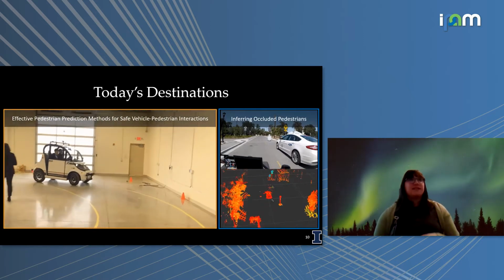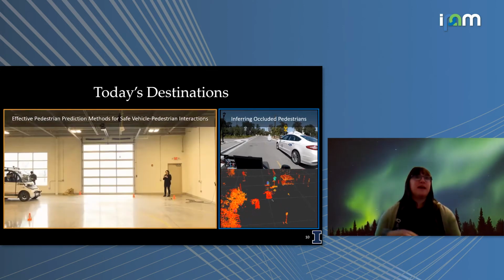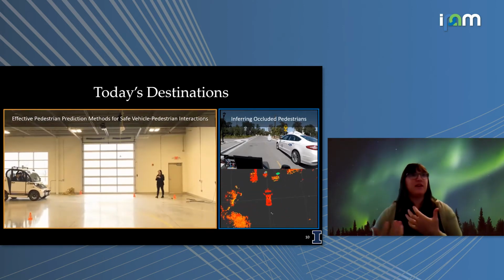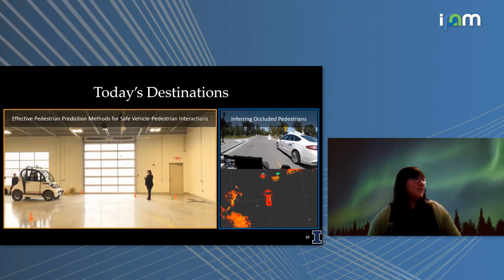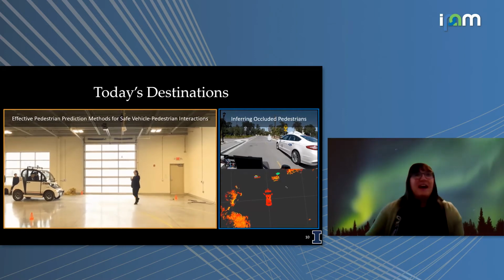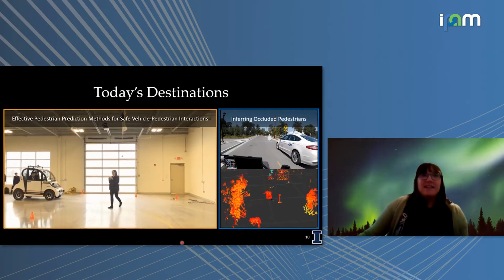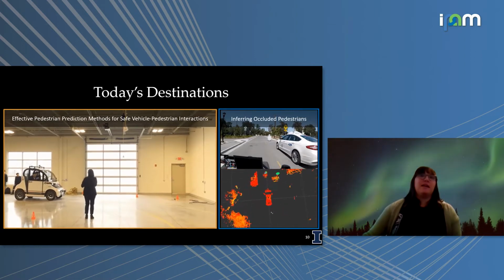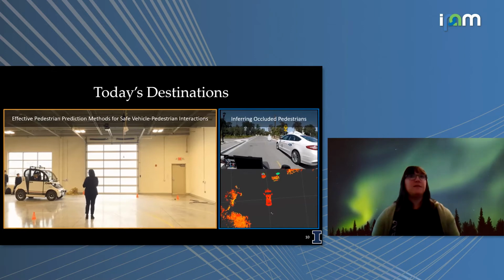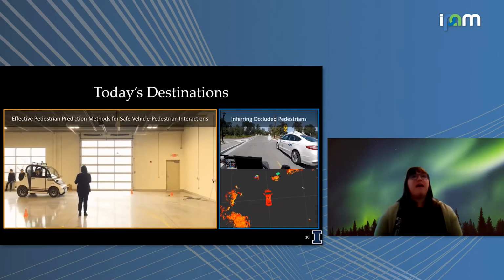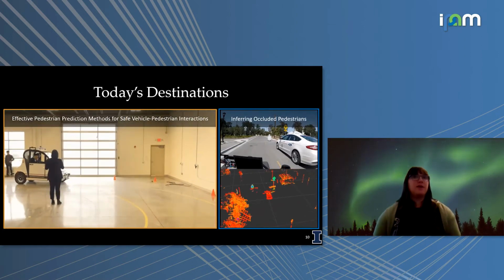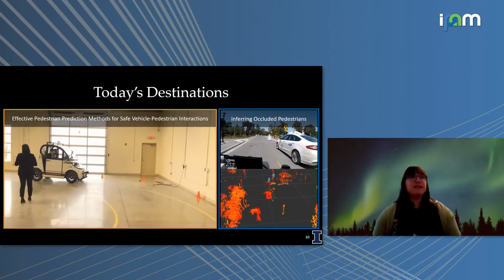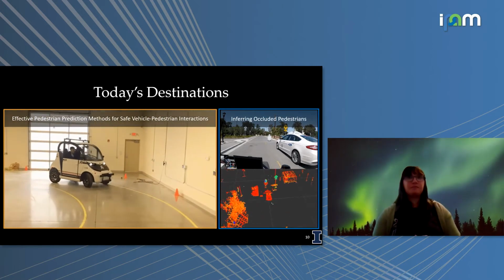Alternatively, we can think about this as how can we design a system that can convince me to walk in front of a moving vehicle, which I know a little bit too much about. Depending on time, we might talk about some work on making inferences in the occluded pedestrian case, where we've done some other larger scale or more multi-agent experiments.